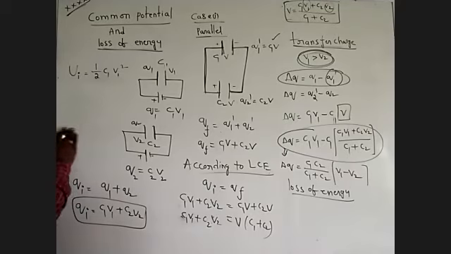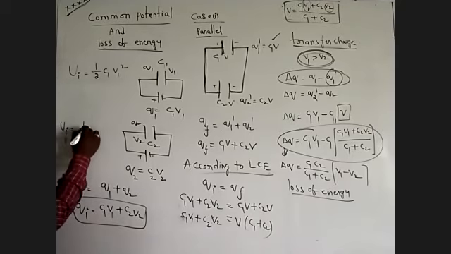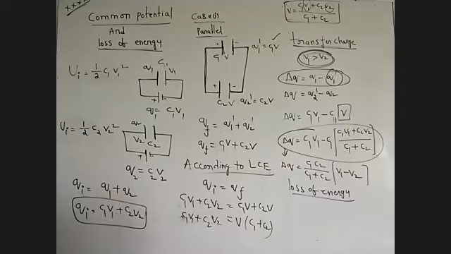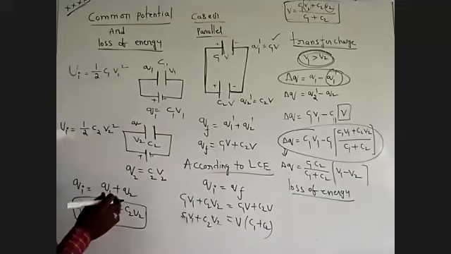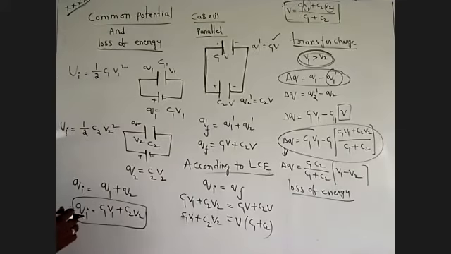For this one, the initial energy is equal to 1 by 2 C2 V2 square. This is the initial energy. Next, what is the final energy?